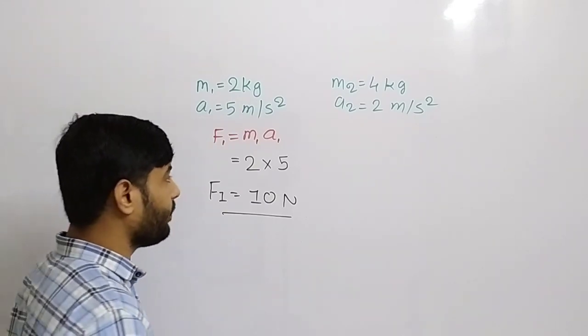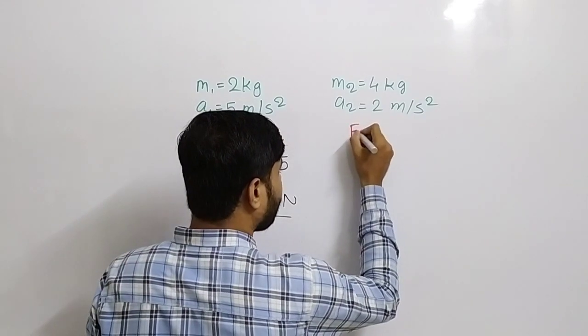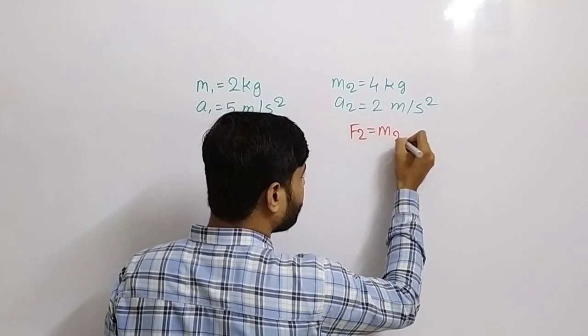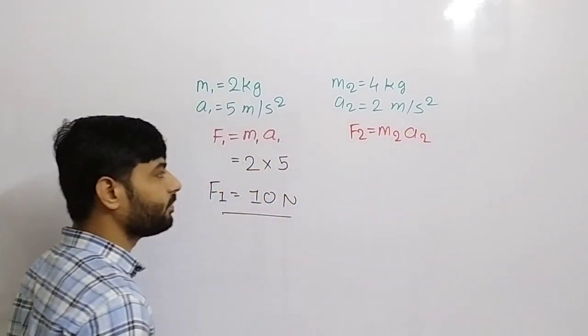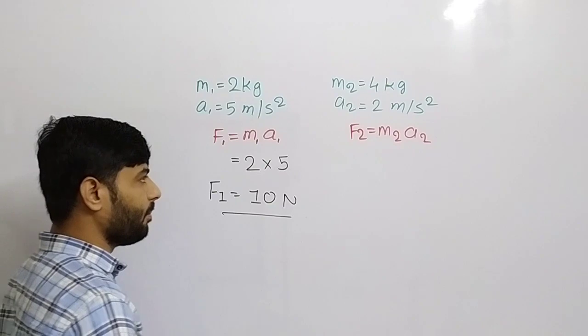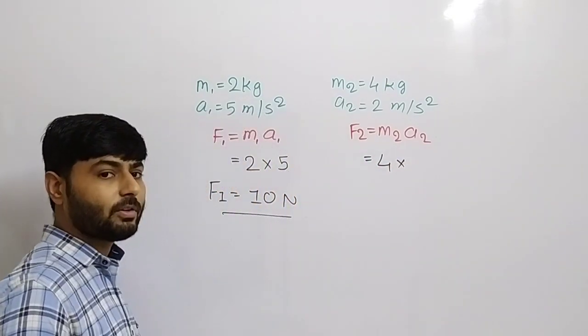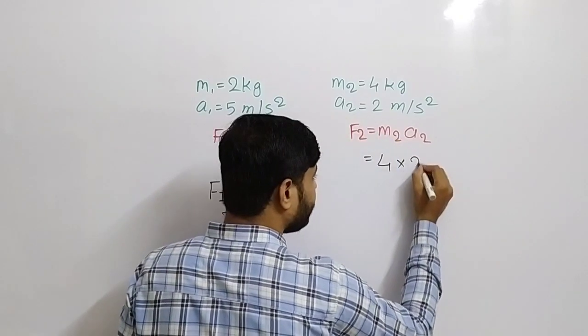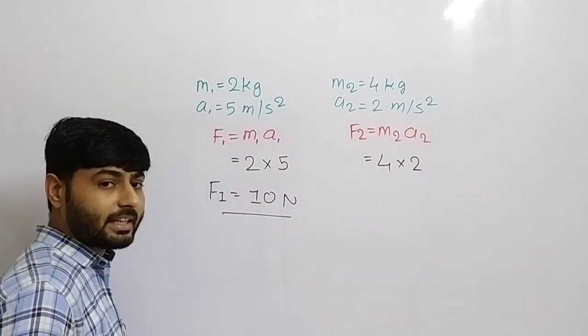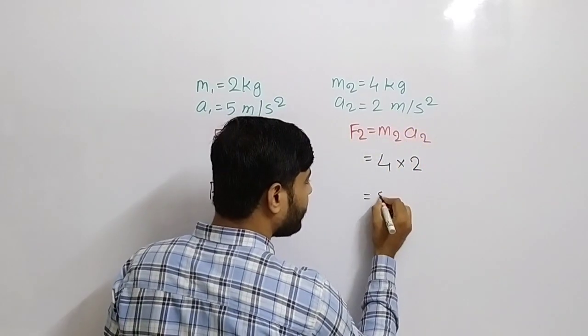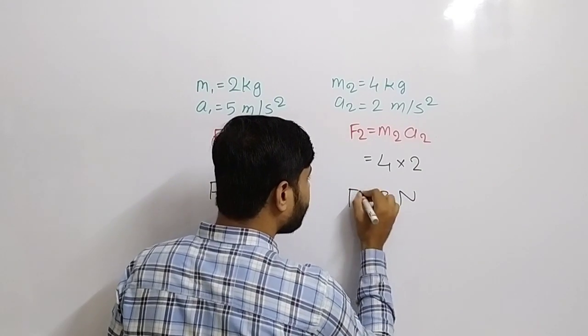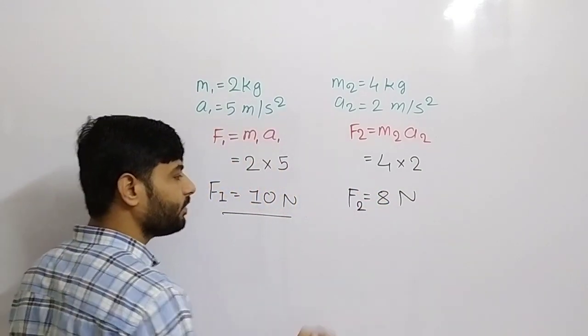Similarly, put the formula here. F2 is equal to m2 a2. So I have a mass of 4 kg here, and I want to accelerate this at 2 meter per second square. So I got 8 Newton as F2.